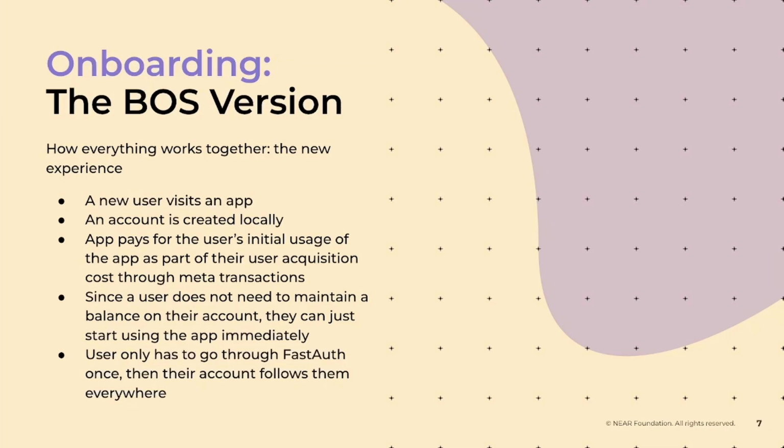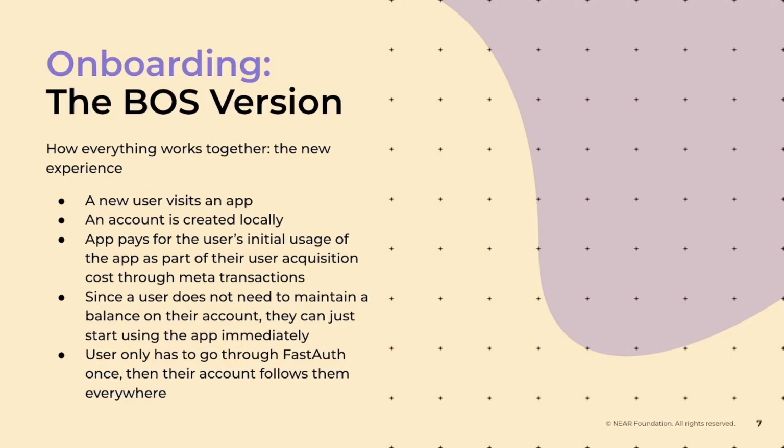And that key is used as their account on Near. After that, the application can basically pay for the usage of the application as part of the user acquisition cost through meta-transactions. And since the user doesn't really have to maintain any Near on their account, they can start using that account that they just created right away with that application.